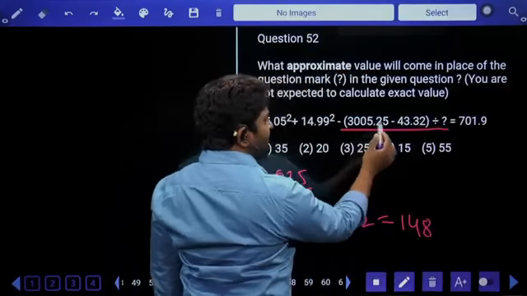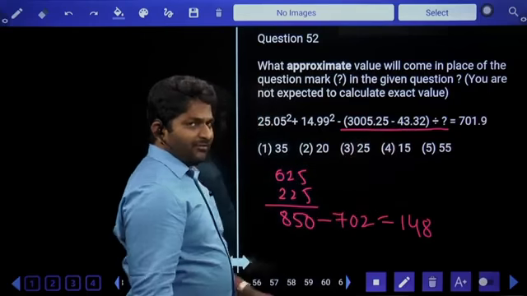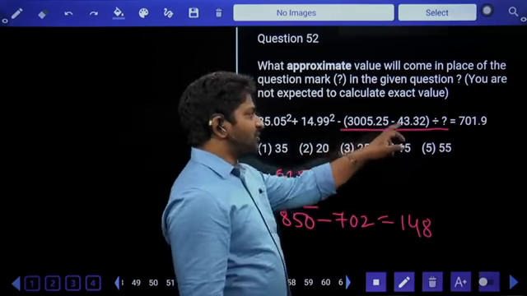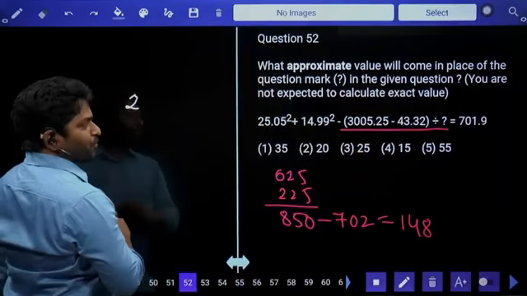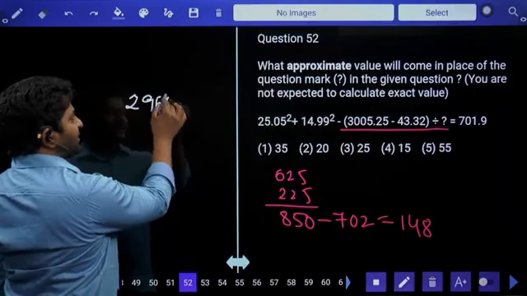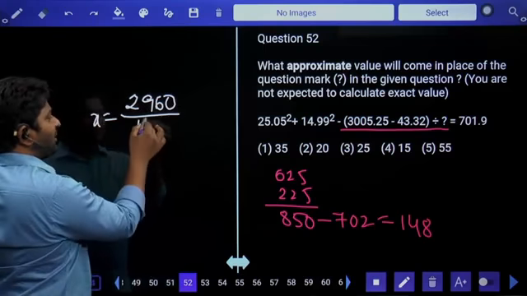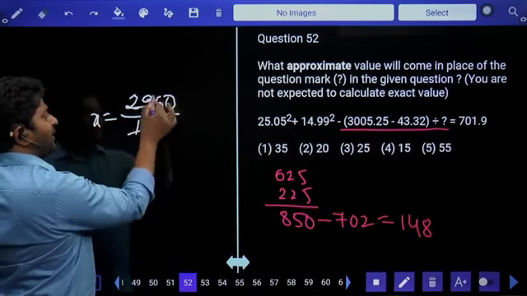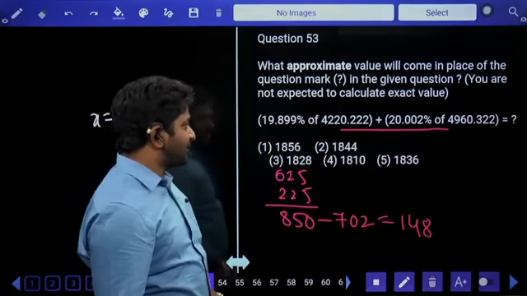Now observe this numerator. 3 point something we have, 5 point something we have. Forget about it. And now 3000 minus 40, which is equal to 2960. 2960 divided by x is equal to 148, then x is equal to 2960 divided by 148. 148 two times and then a 0 we have. 20 times, second option is our final answer.